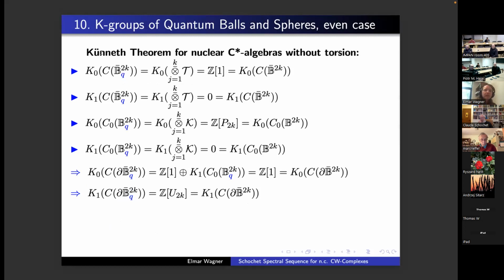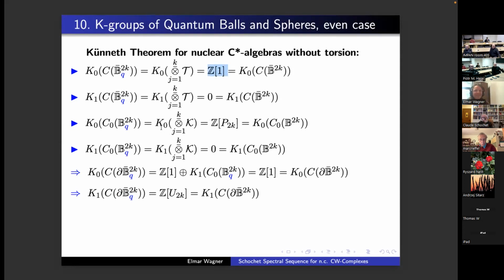So we can take the Künneth theorem and on the nose, we get K0 of the ball algebra. Since any tensor factor is trivial, we get the trivial K-group Z, exactly as in the classical case. So same for K1. If you take Künneth, you have always a 0. So it's 0, exactly as in the classical case.